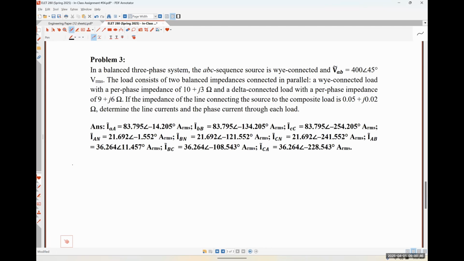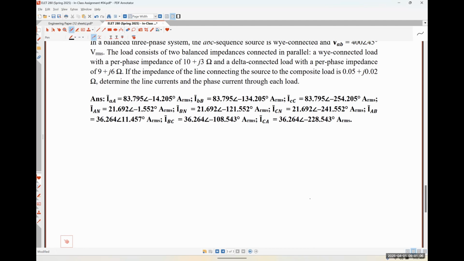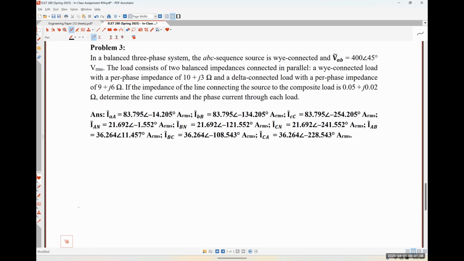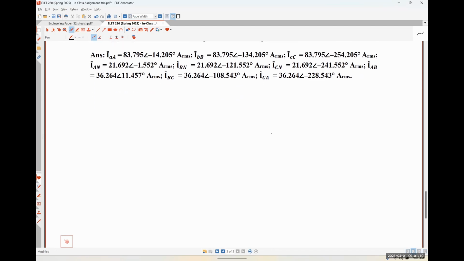Okay. So one of the hardest things about a problem like this is literally figuring out how to draw this thing. Okay. So this is the first time we're seeing two different loads connected in parallel. So I want to explain how I choose to draw this, and then we can go from there. All right. So starting off, we have our Y connected source.